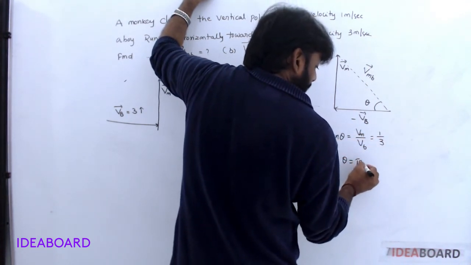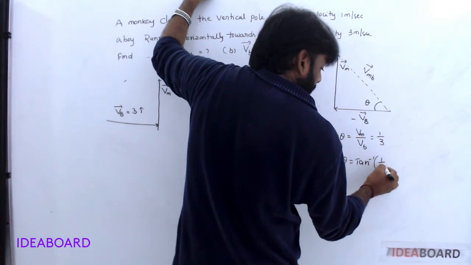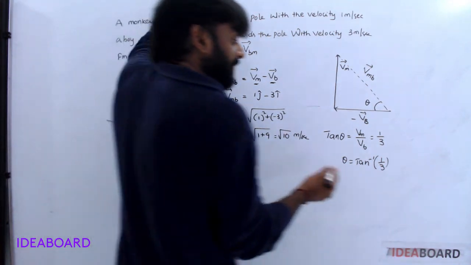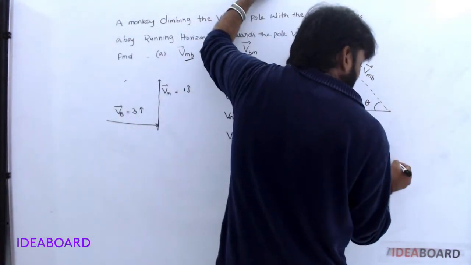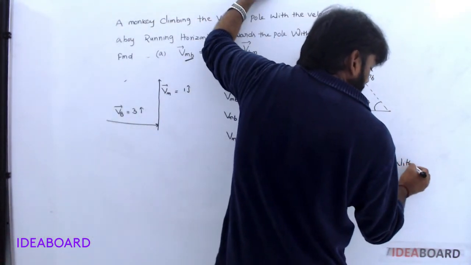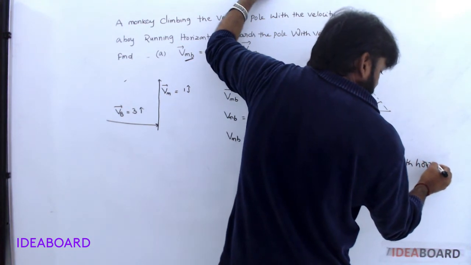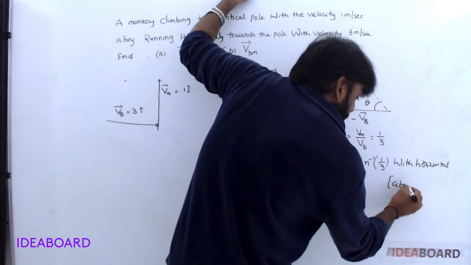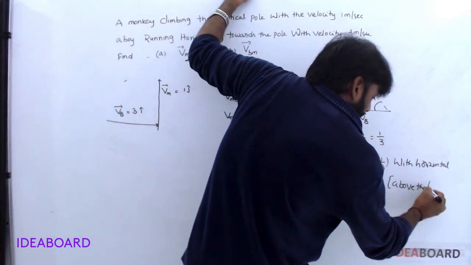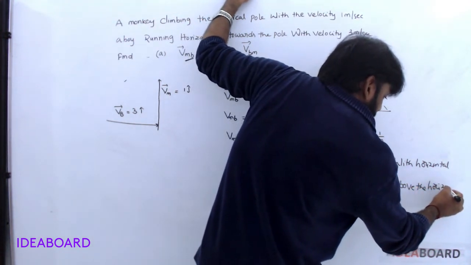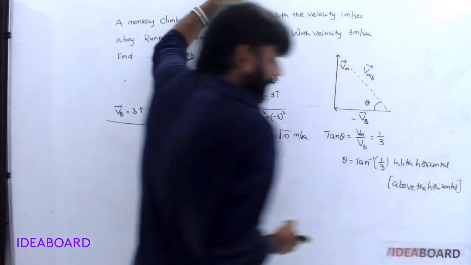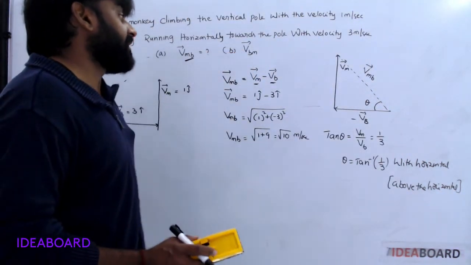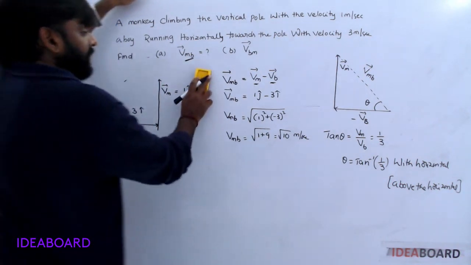Theta is equal to tan inverse of 1 by 3 with horizontal. Okay, above the horizontal. Understood? Above the horizontal.